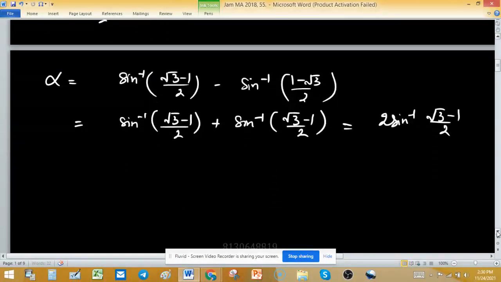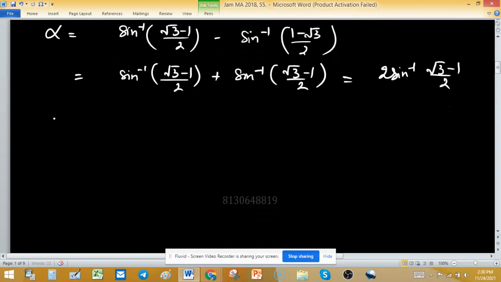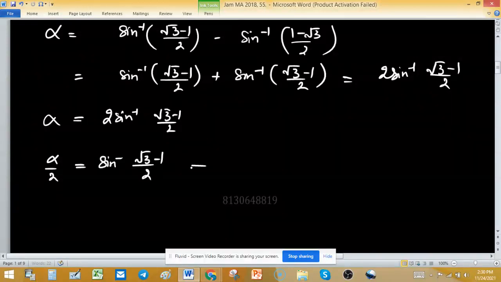This means that alpha equals 2 sine inverse of root 3 minus 1 divided by 2. So alpha by 2 can be written as sine inverse of root 3 minus 1 divided by 2. This implies that sine alpha by 2 equals root 3 minus 1 divided by 2.